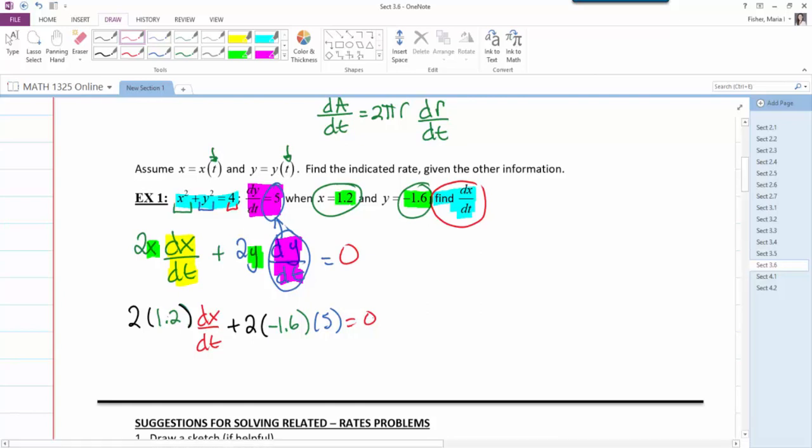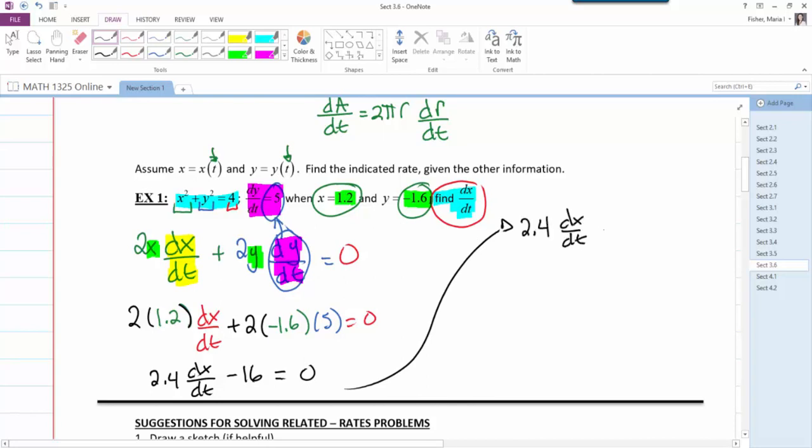So 2 times 1.2, I end up with 2.4 dx/dt. And over here, if I multiply 2 times negative 1.6 times 5, I end up with negative 16, equal to 0. Let's move over here. Add 16 to both sides, and I get 2.4 dx/dt is equal to 16. Then finally, divide both sides by 2.4.